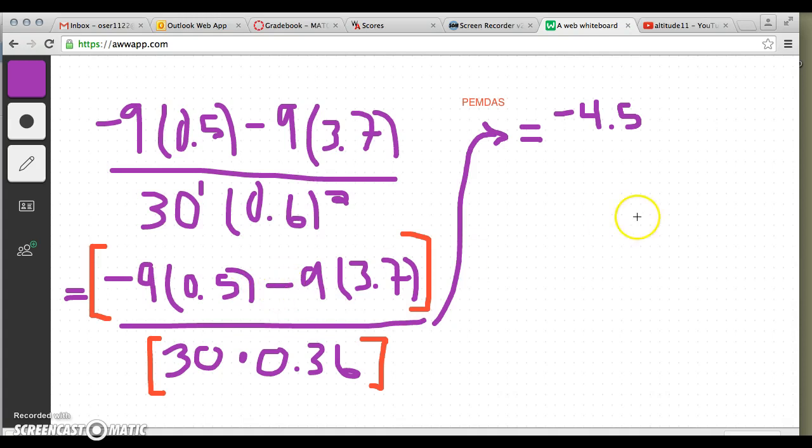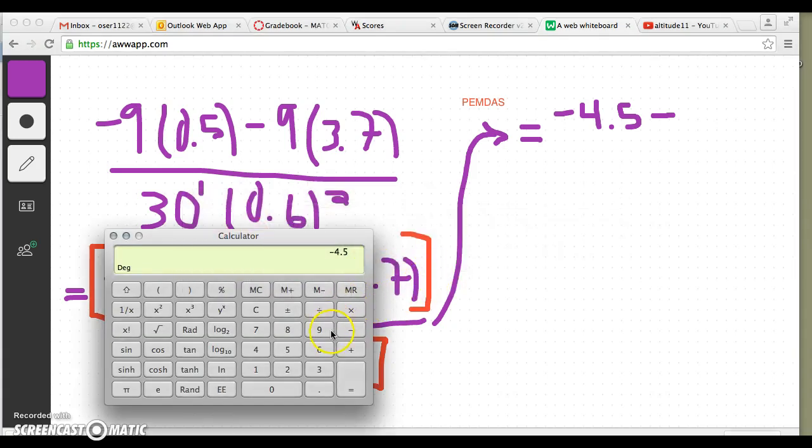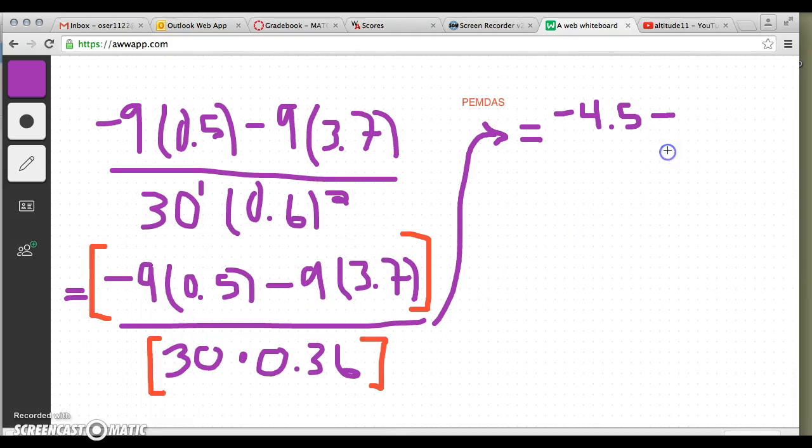And we are going to subtract from that the product of 9 and 3.7. So this subtraction sign here, guys, is already written. You are subtracting a +9 times a +3.7. That is equal to 33.3.